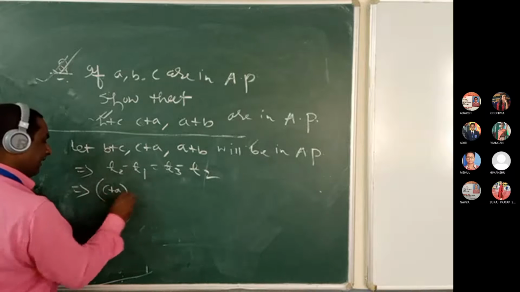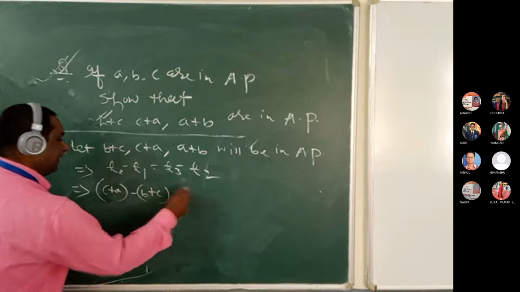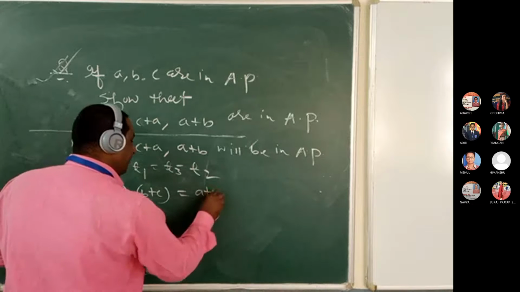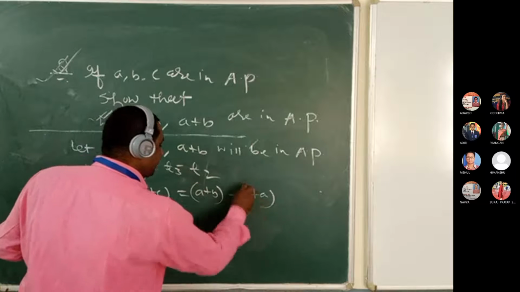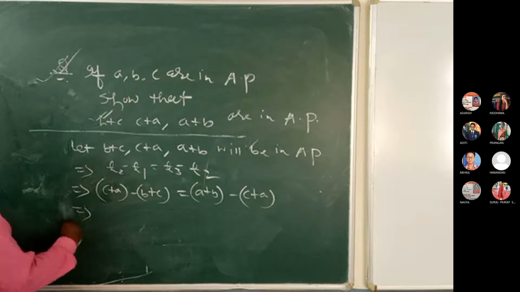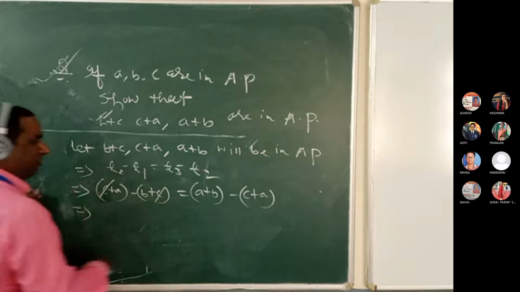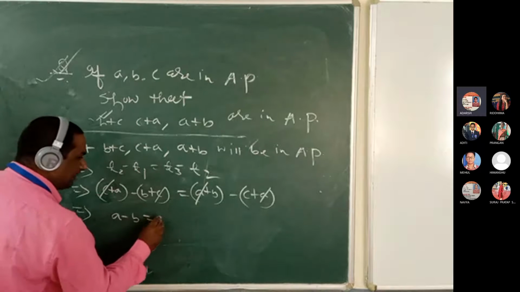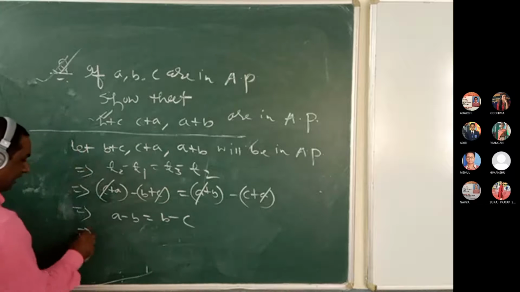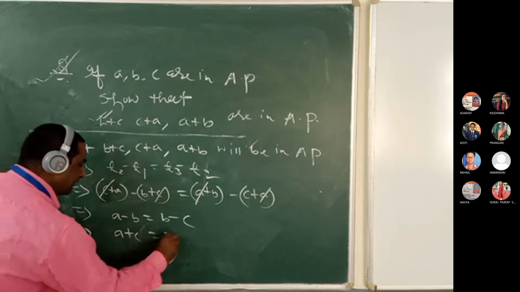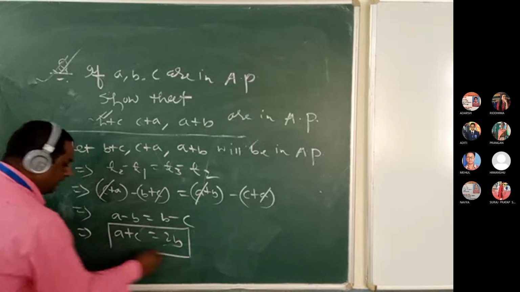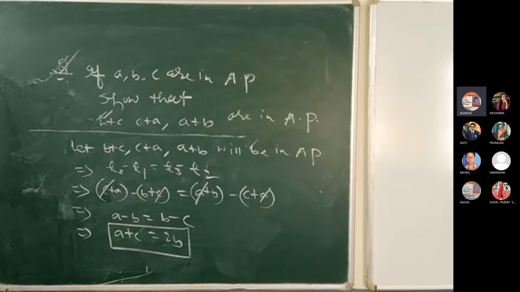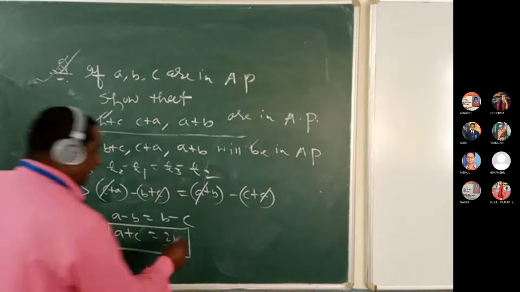Or C plus A minus B plus C is equal to A plus B minus C plus A. What we are observing is that C cancels out, A and A cancel out. So we are getting A minus B is equal to B minus C, and we are getting A plus C is equal to 2B. The same result is proved here also. A plus C is equal to 2B. It means this sequence is also in AP.